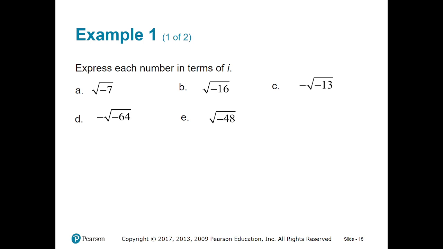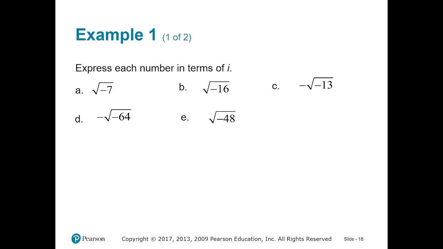Okay, question C says the negative of the square root of -13. Well, -13 is -1 times 13, so this becomes the negative square root of -1 times the square root of 13. And so then we'll have -i times the square root of 13.